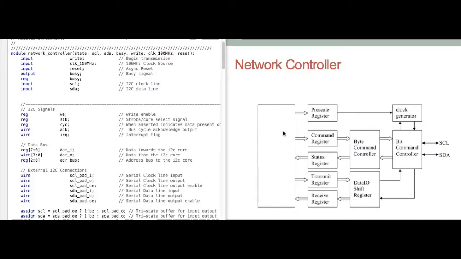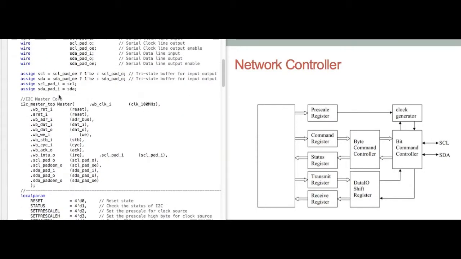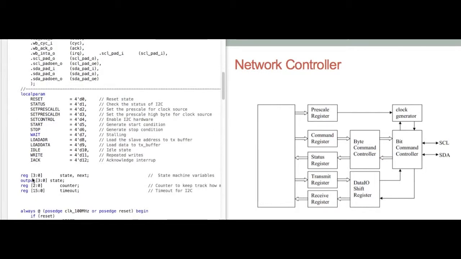And this white box here is the game network logic that is implemented here, where we have the master core instantiation shown here with the state machine variables shown here.